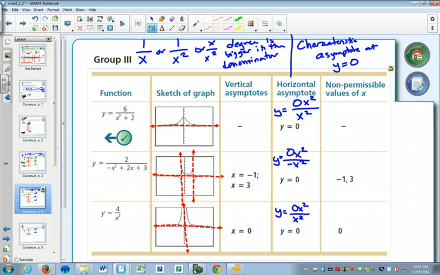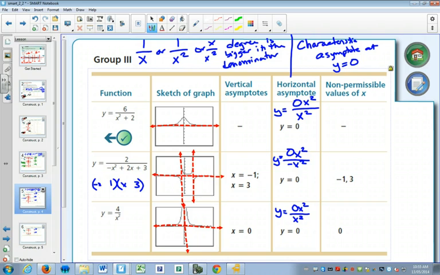Other things, you could have a vertical asymptote if there's a non-permissible value. Is there a non-permissible value here? No, because can you see that x squared plus 2 is always positive? Here, if you factored this on the bottom, negative x and x, we're going to have to do 1 and 3.